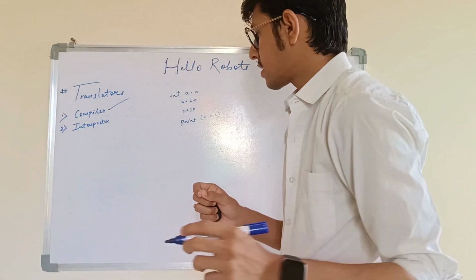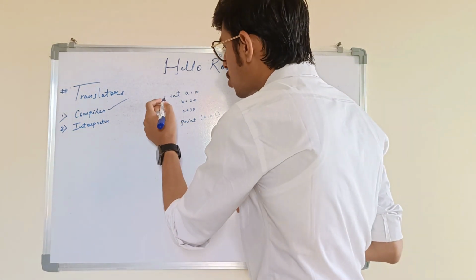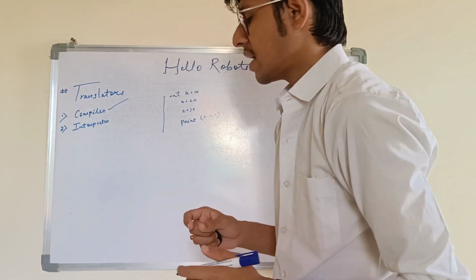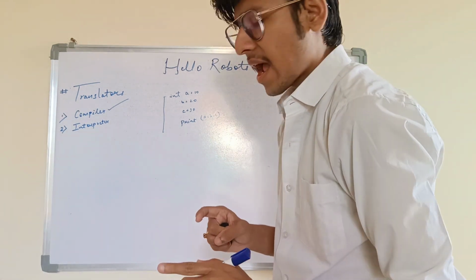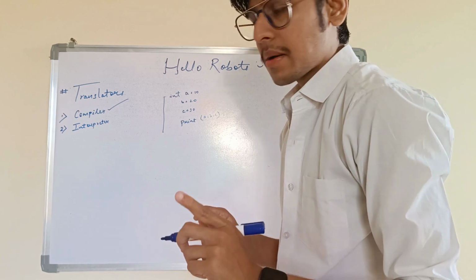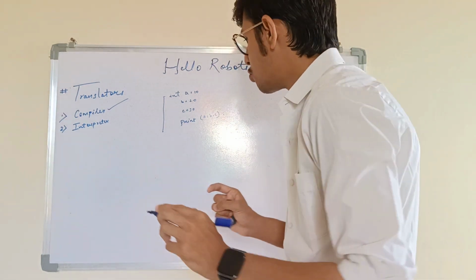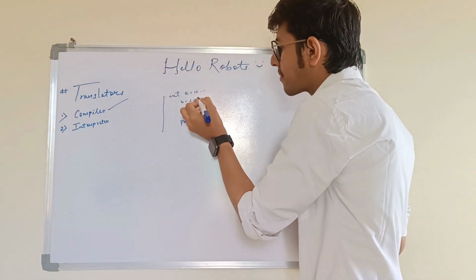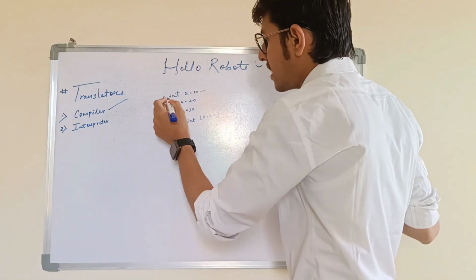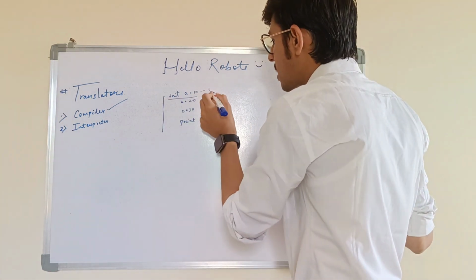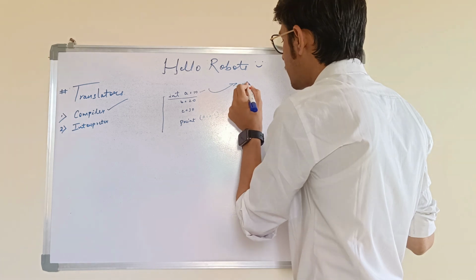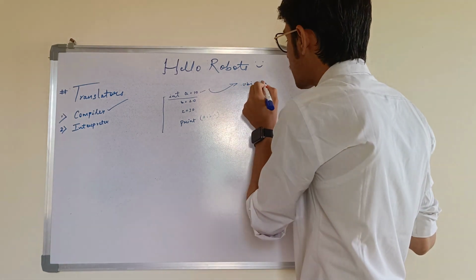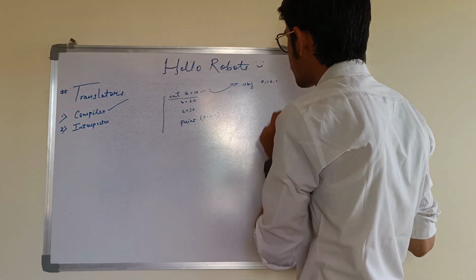Interpreter is nothing but, in a compiler, the whole code is translated into a .obj file and then we can see the output. But in an interpreter, we look at the code line by line. It will take int a equals 10, convert it into a .obj file, and give it in the form of zeros and ones.